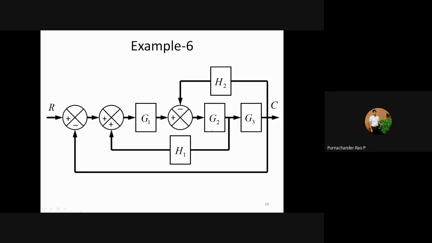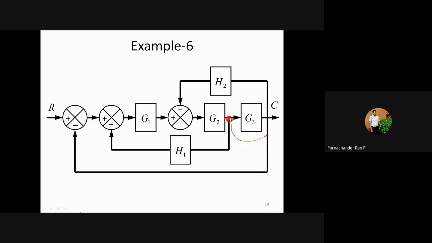So we need to move this point here. First of all we need to find out which point should be moved and where it should be moved so that you can easily solve. This is a takeoff point, and this takeoff point I will move to here.